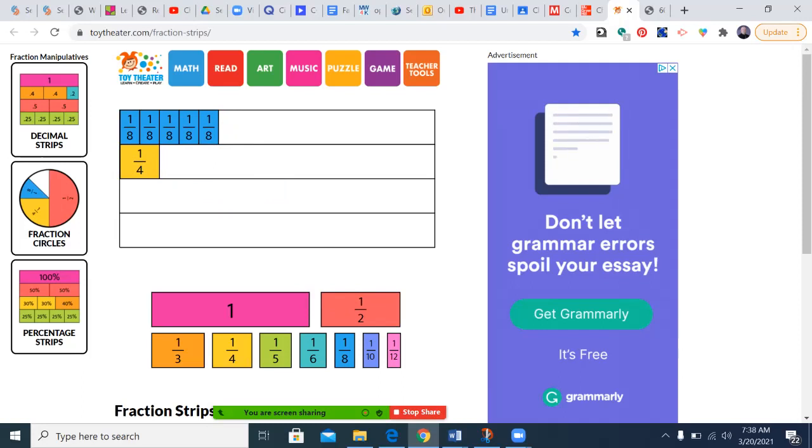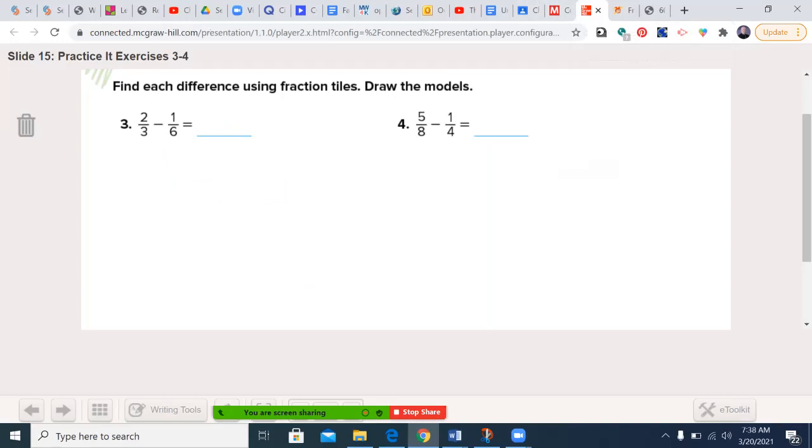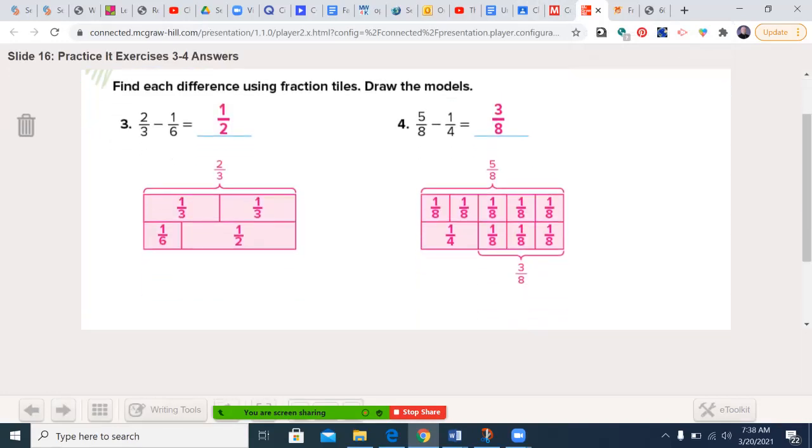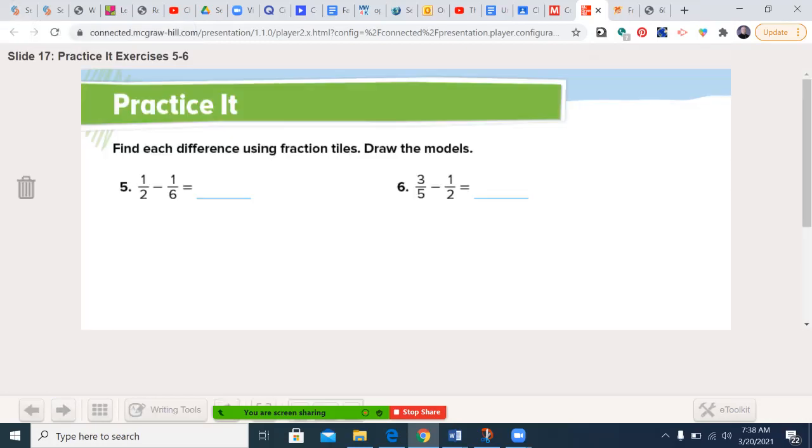Notice the 2/8s and the 1/4 are exactly lined up. What's left over? 3/8s. So that's already simplified. We're good to go. And you can see the visual pictures here. I could have plugged in a 1/6 piece there as well, or a 1/2 piece on that first one. And let's just do 2 more before I sign off.